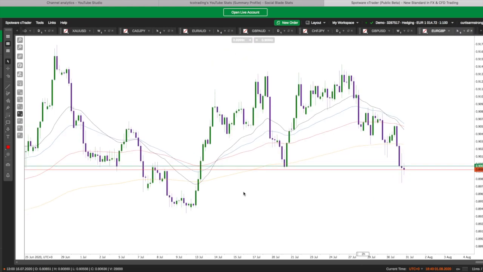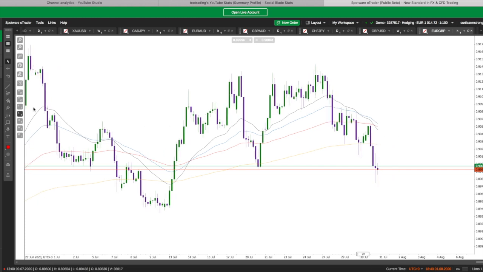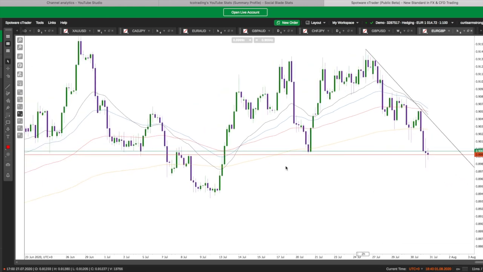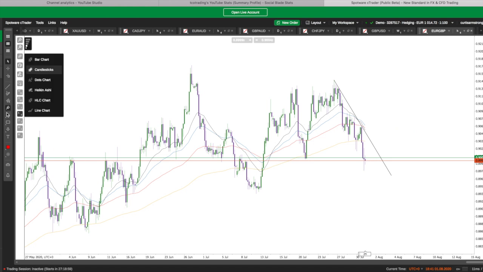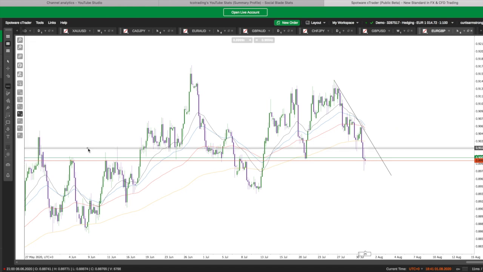So guys, moving on to Euro Pound. I think this is going to be the last pair that I analyse. So straight away, got this trend line here. Let's just see what lines up a second. Let's zoom out. Let's put some key levels on here. See what lines up. Key level there.